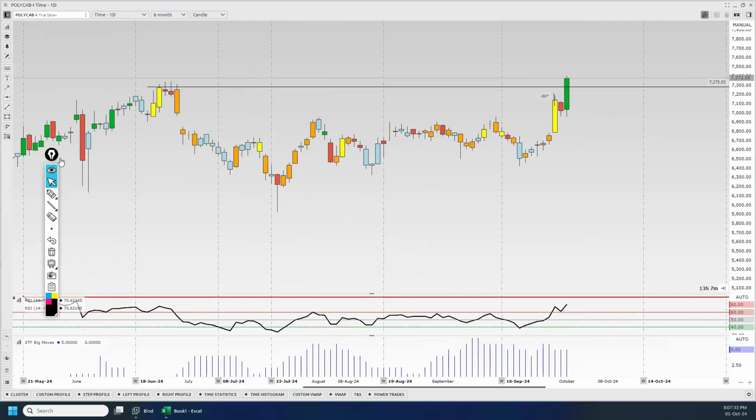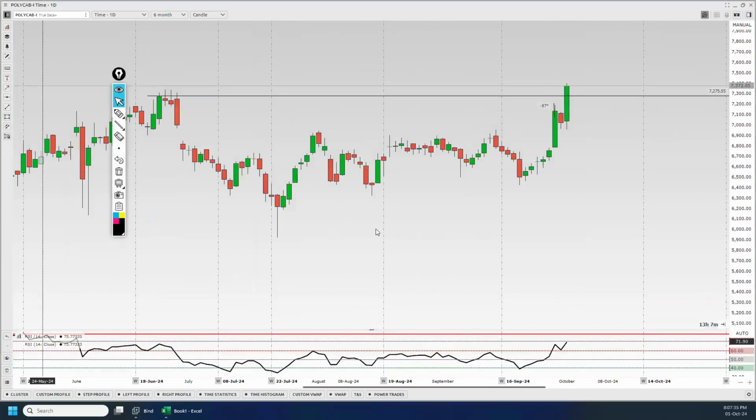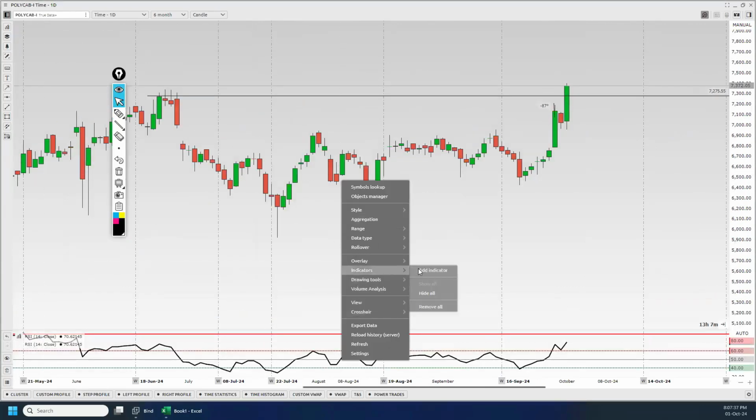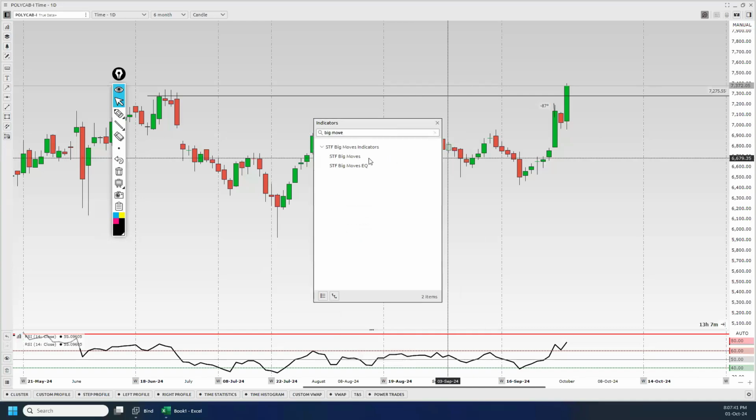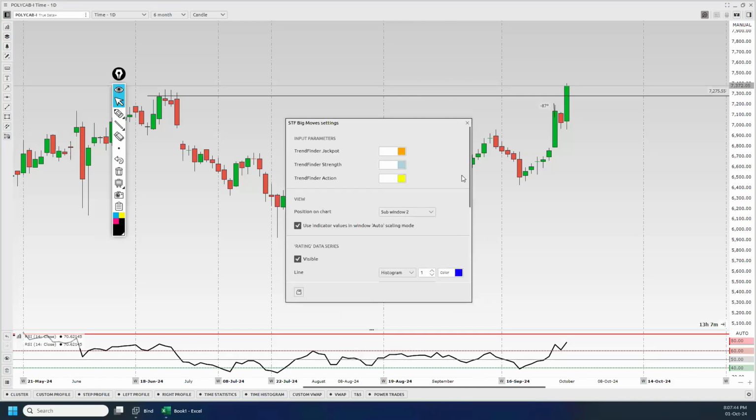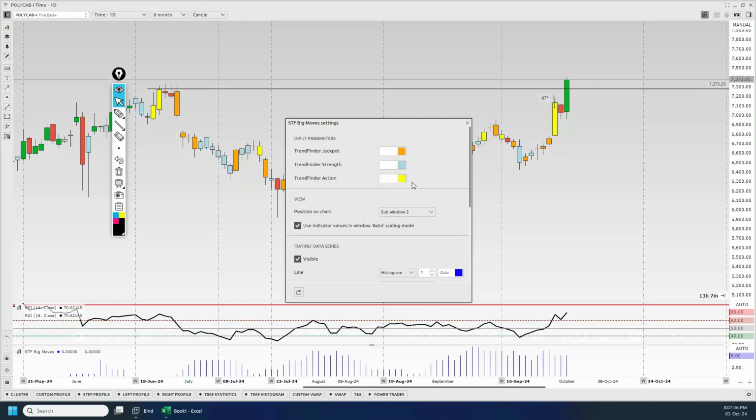When I apply this indicator, let me apply it again so that you can get it properly. So I will type big move, then I will go here. You will see three colors are there. Let me explain this first. One is the jackpot, second is the strength, third is the action.